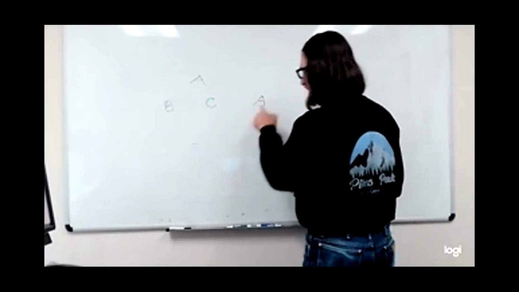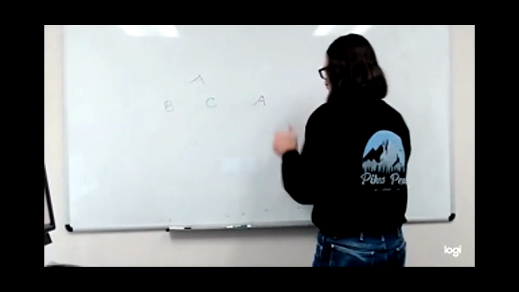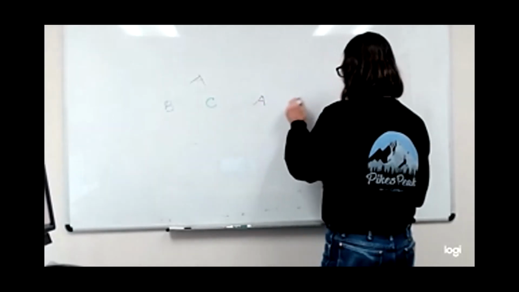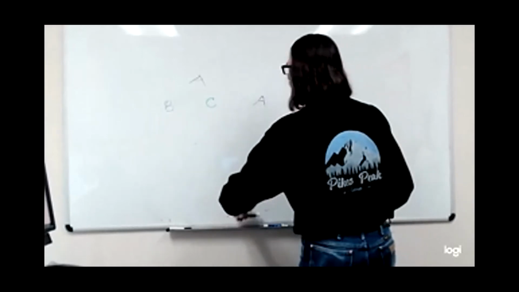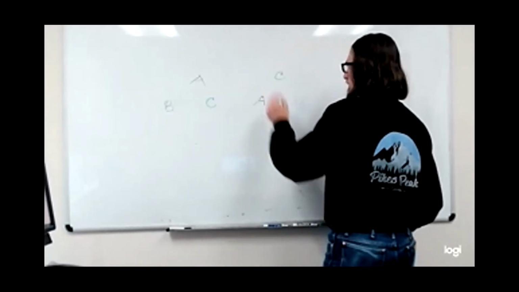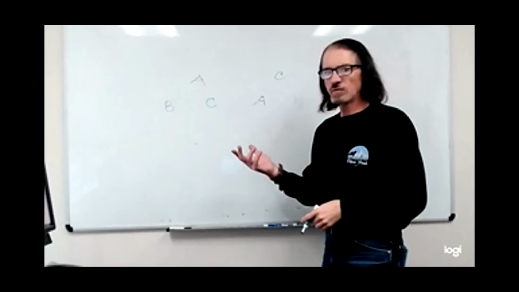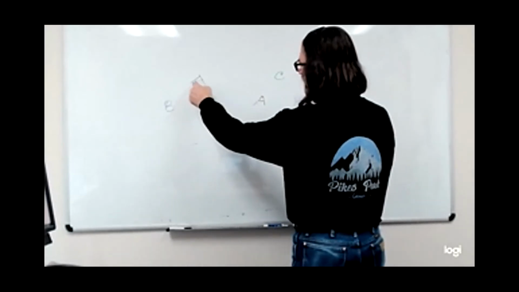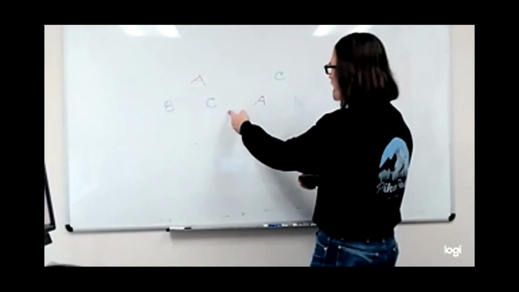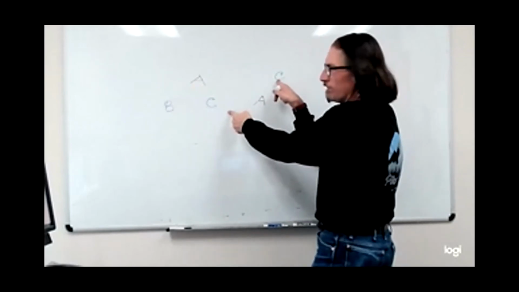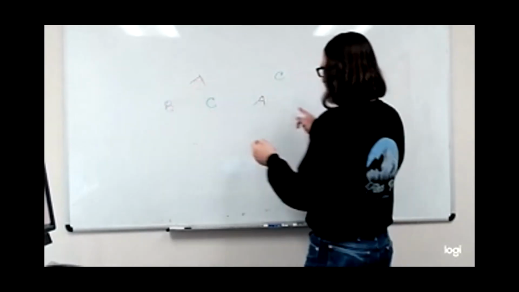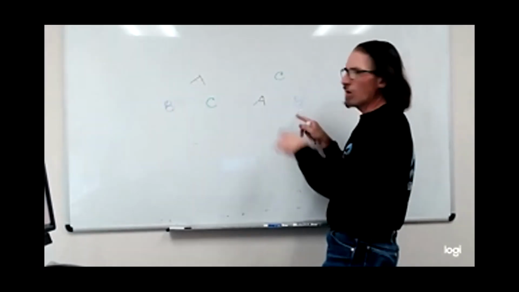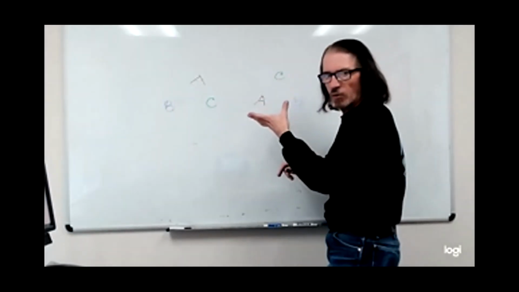If I put A here and then B here and then C up here, the reason this is the same is because when A looks to the left of A, that's going to be C, and to the right of A is B. All we've done is rotated, but their arrangement is the same.